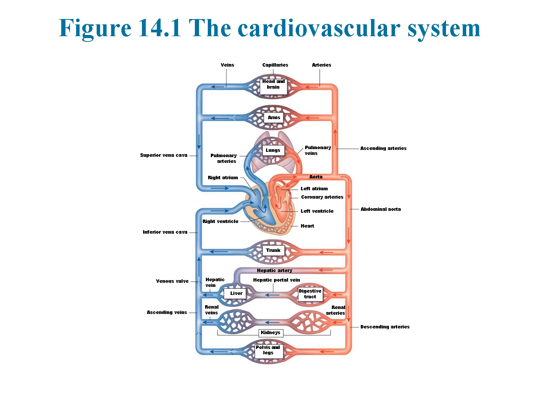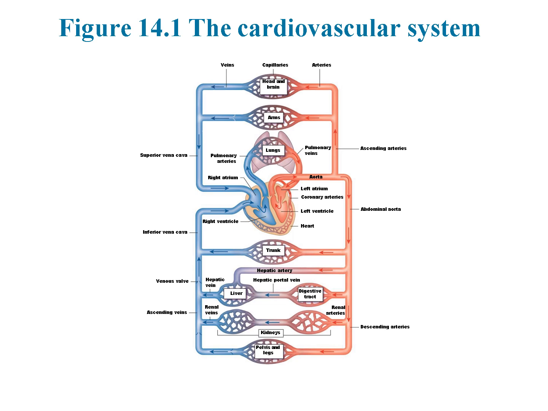The diagram also highlights the portal system, where blood flows between the digestive tract and the liver via the hepatic portal vein. Additionally, the renal arteries and veins ensure continuous filtration of blood by the kidneys. Together, these components maintain circulation, delivering essential nutrients and removing metabolic waste, ensuring the body's tissues receive the support they need to function efficiently.